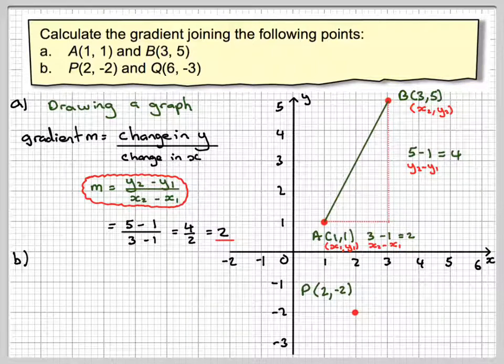Now plotting the second pair, P is (2, -2), which is that point there, and Q is (6, -3), which is that point there.